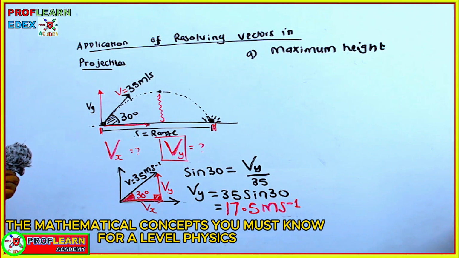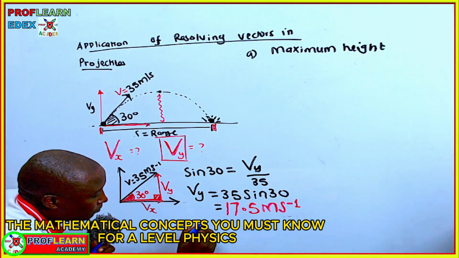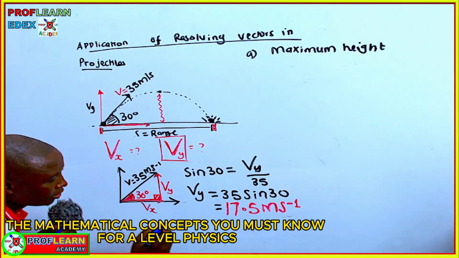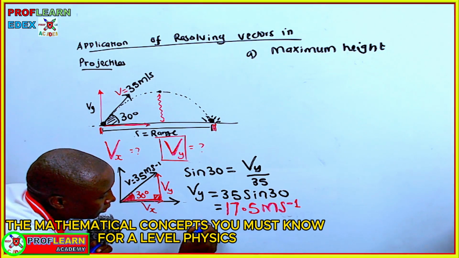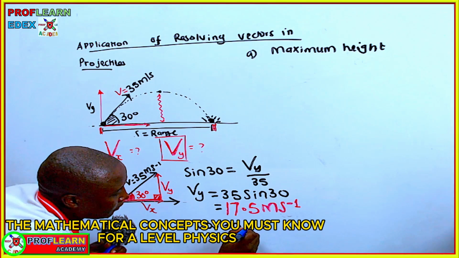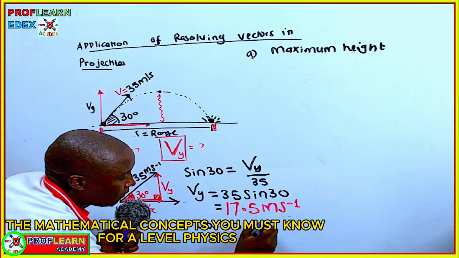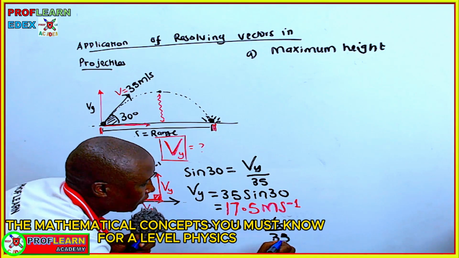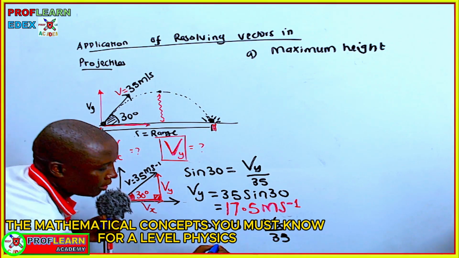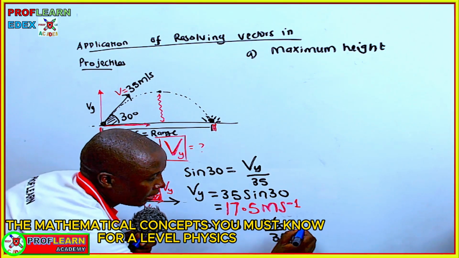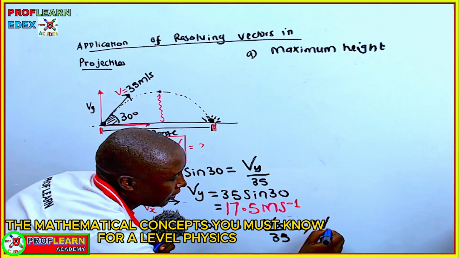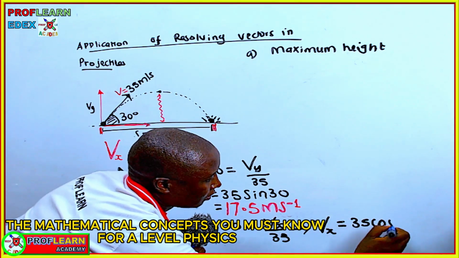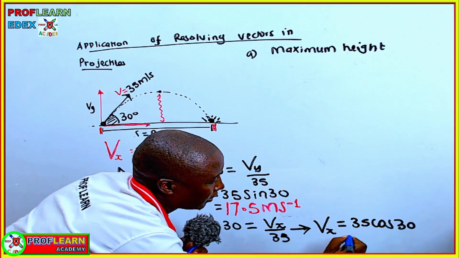So we can now say at this point that because this is adjacent and hypotenuse, we can use cos 30 equals v in the x direction over 35, right? So v in the x direction is going to be 35 cos 30.